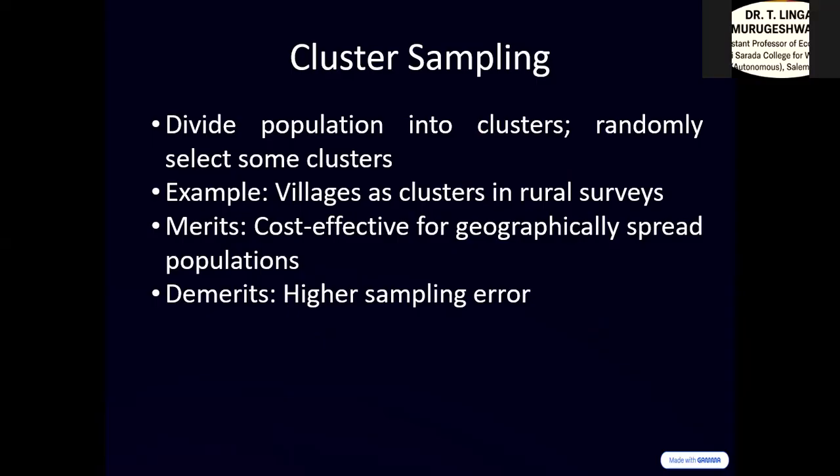Next is cluster sampling. In this method, the population is divided into clusters, usually based on geography. Then a few clusters are randomly selected and all units within those clusters are studied. It's cost effective for widespread populations, but increases sampling error if the clusters are not homogeneous.